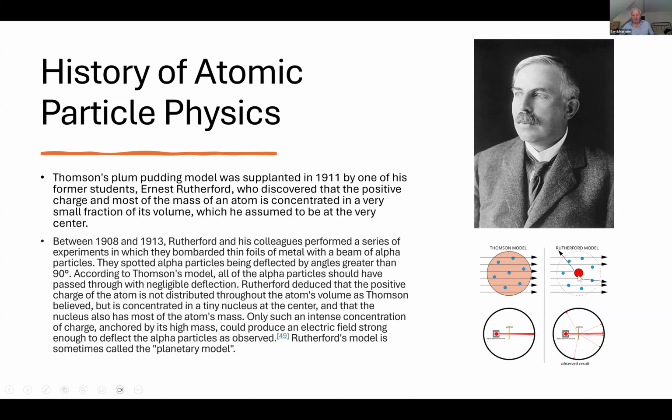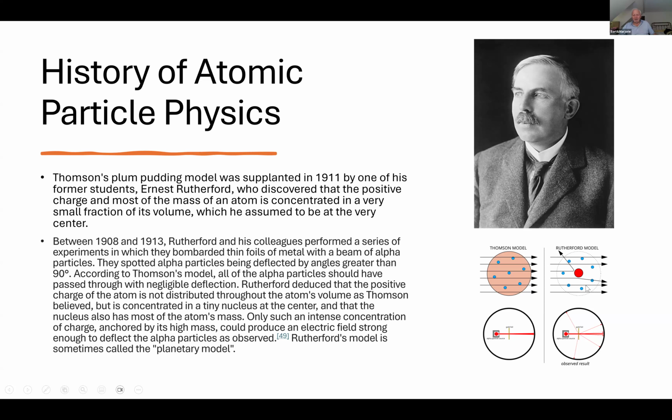But what he actually observed was that several of these things not only didn't go through, they bounced back at huge angles. This one here looks like it's bouncing back at over 140 degrees from the direction that it came in at. And here's another one that's just deflected down by, say, 30 degrees.